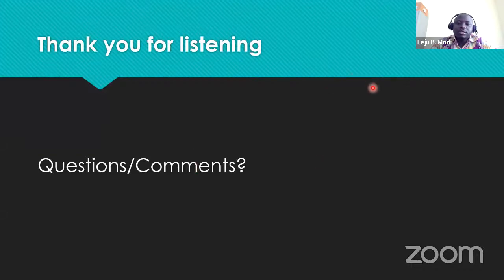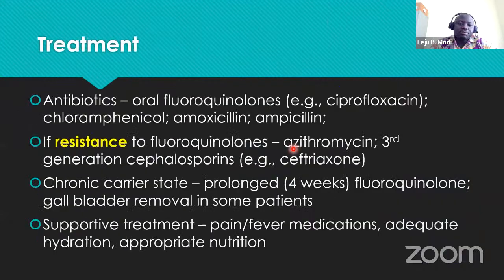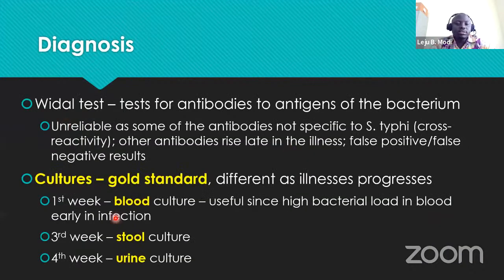Okay, good. That's a good question. So in the culture, when a culture is being done, they just take a sample, the blood or the stool or the urine, and there is in the laboratory a special medium, if I may term it for the layman to understand, something like food, for the bacterium to grow.